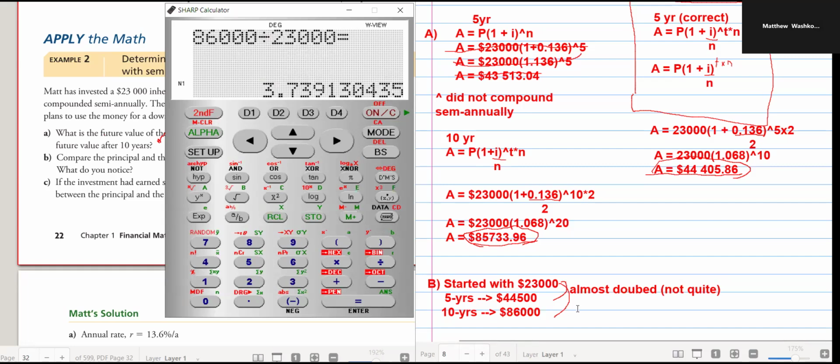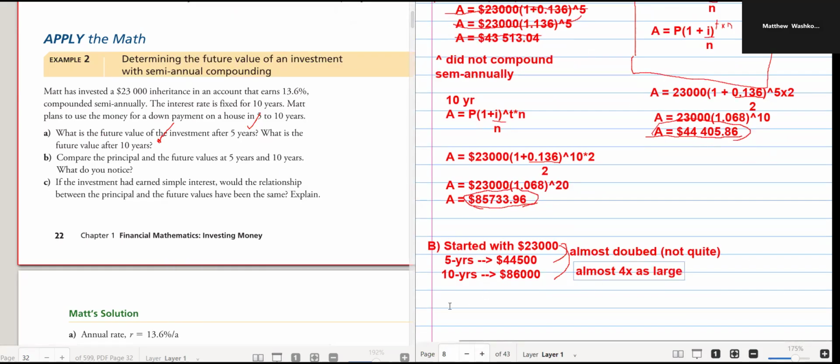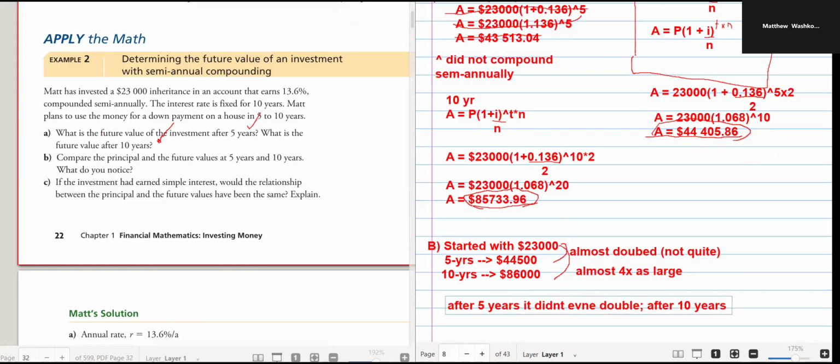Oh, that's almost 4 times as large. So what we can kind of see here, again, what do you notice? After 5 years, it didn't even double. After 10 years, it is almost 4 times as large.